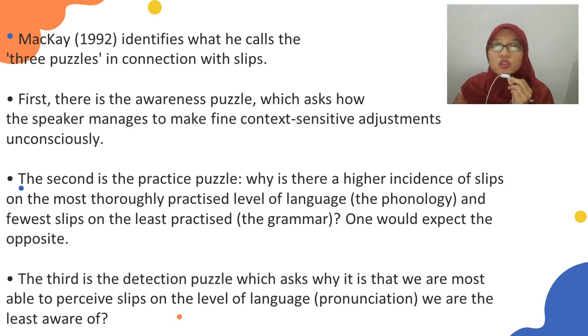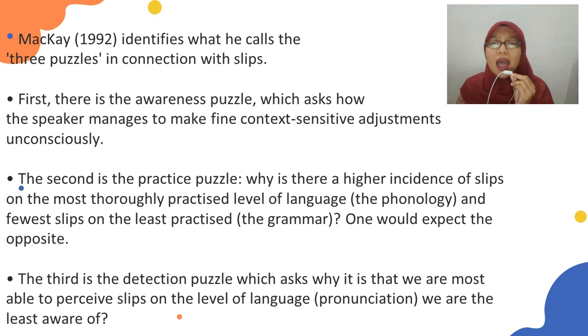MacKay, 1992, identifies what he calls the three puzzles in connection with slips. First, there is the awareness puzzle, which asks how the speaker managed to make fine context-sensitive adjustments unconsciously. The second is the practice puzzle.